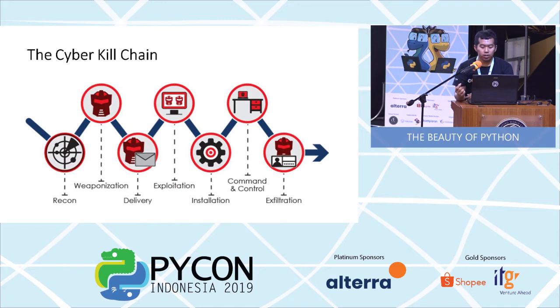Pen test does not act, attacking further into the network, while with the red team, once you get in, you are free to do anything until your goal is obtained. And then there's a phase named command and control. How you control the assets of the organization, doing something, hacking further, and the end is to exfiltrate any data or any information that is your goal.